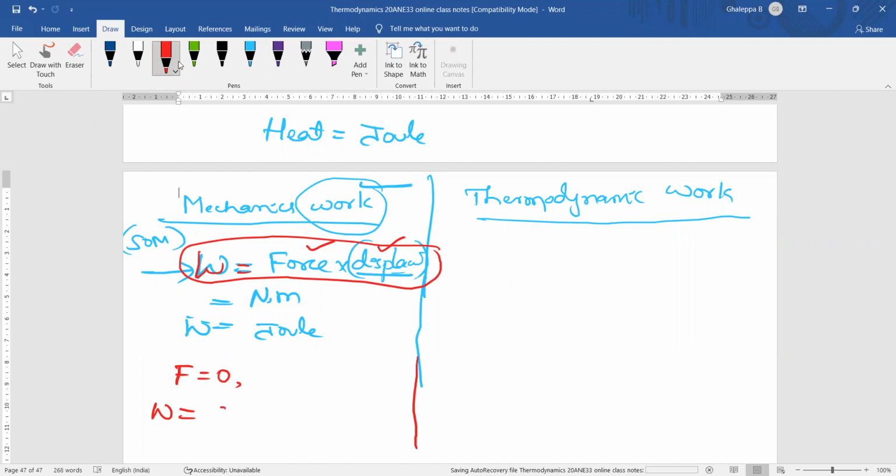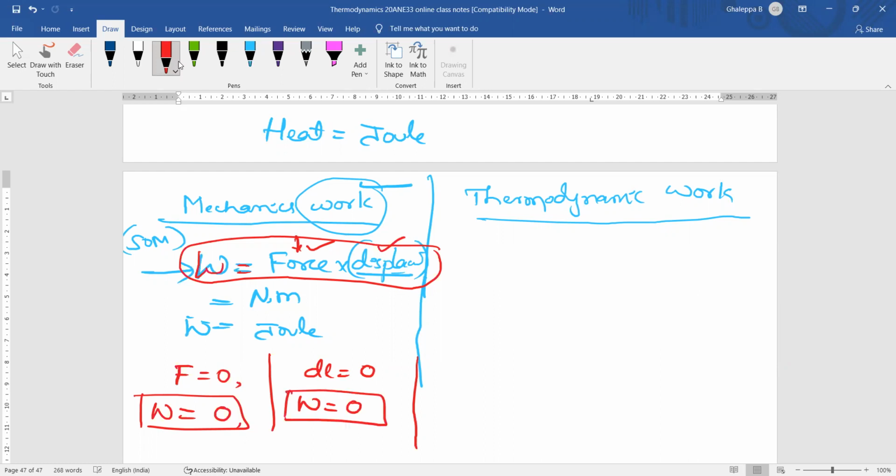Work done will be 0. Correct. Simple. In the second case, if you take displacement dl equal to 0, what will be the work done? Force is there, some force is there, but displacement is 0. Then in the second case also, work done is 0.